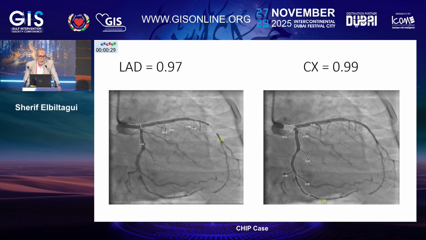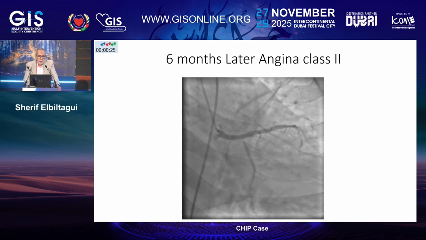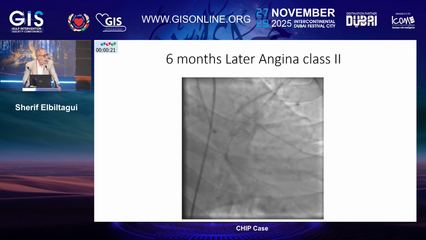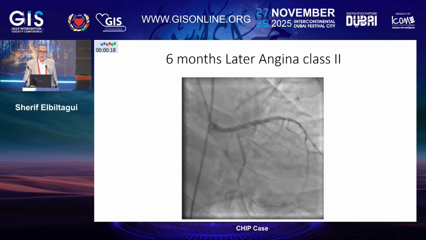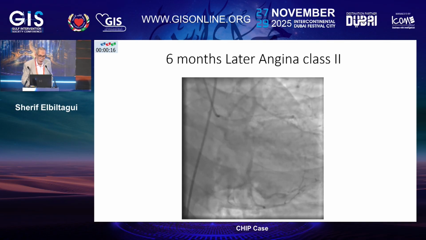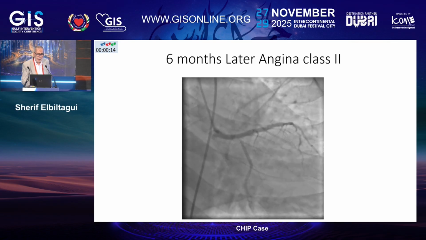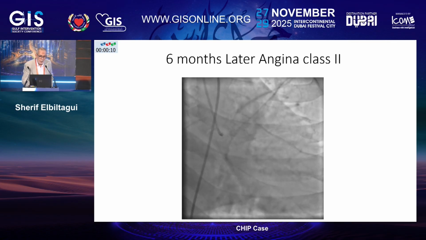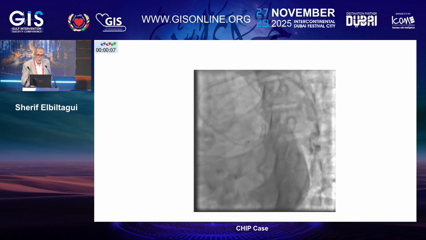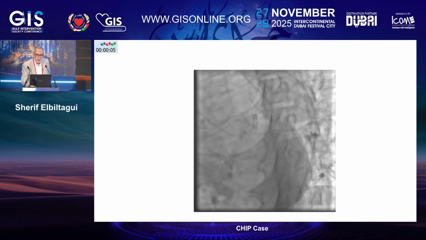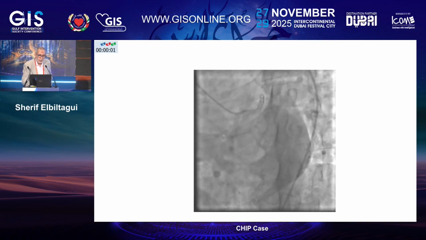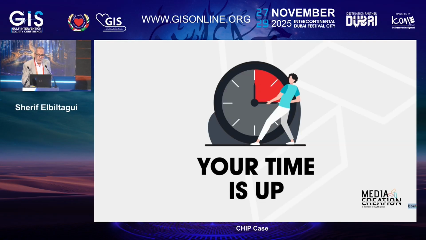I know that there are many caveats about this type of FFR, but anyway, 6 months later, after the patient was very good, jogging regularly, he had angina again while jogging, and as you see, the CX is again the problem, the usual problem. Tight lesion in the ostial CX, perfect result in the LAD.